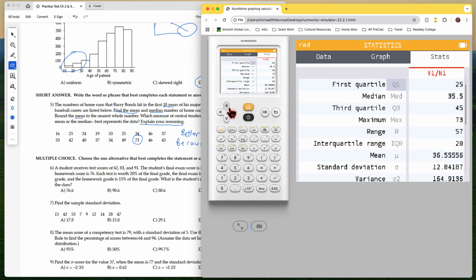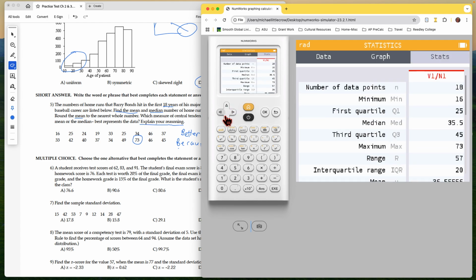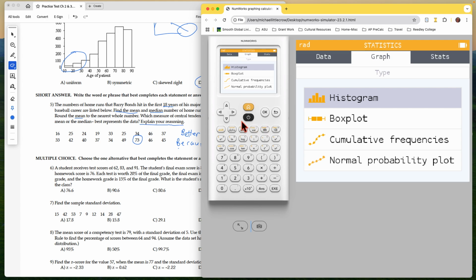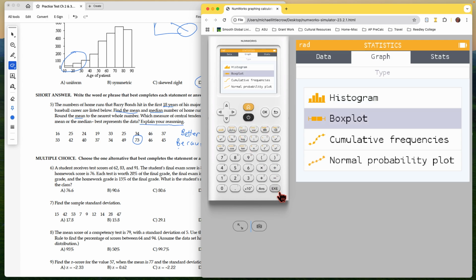So one way to do this is you could go to the graph and we could do a box plot. Remember, interquartile range stuff. Actually, this one gives us the interquartile range.